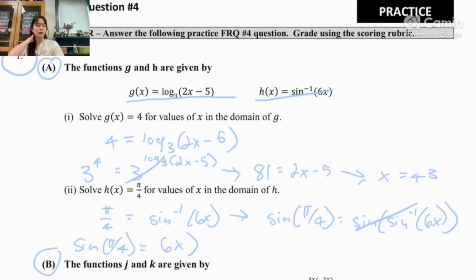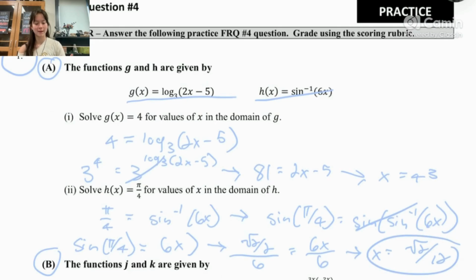When you think about the unit circle, sine of pi over 4 is the same thing as root 2 over 2. So you divide root 2 over 2 by 6 so that you can get x by itself. That would get you x equals root 2 over 12. So that is part A for you.